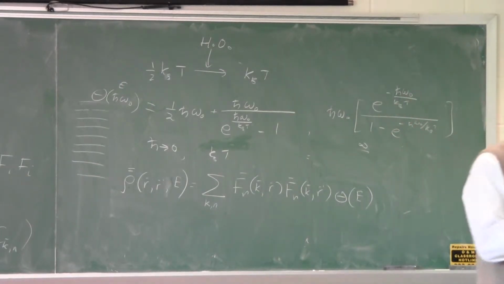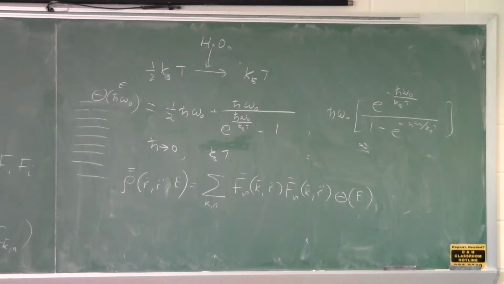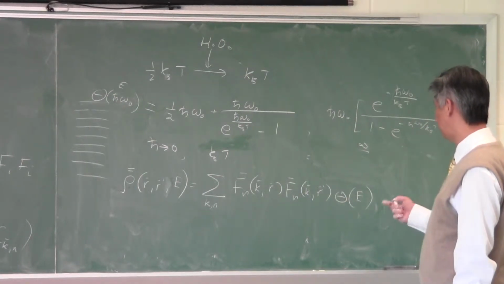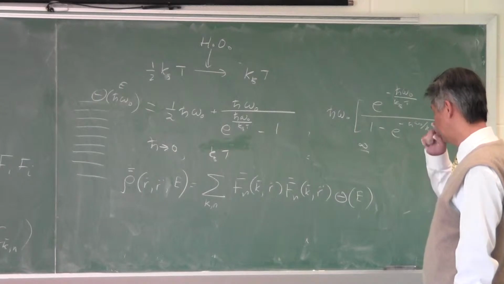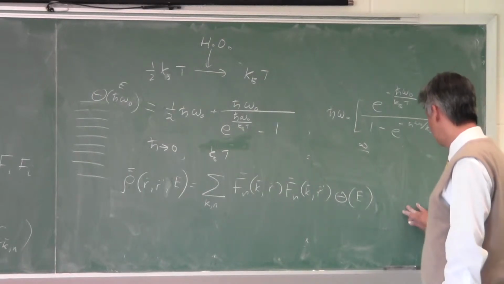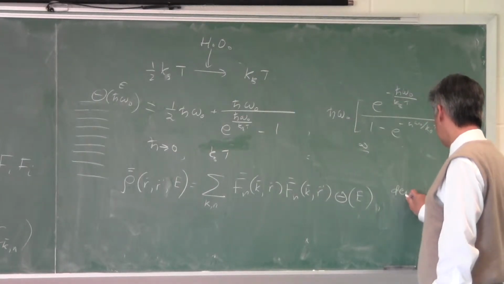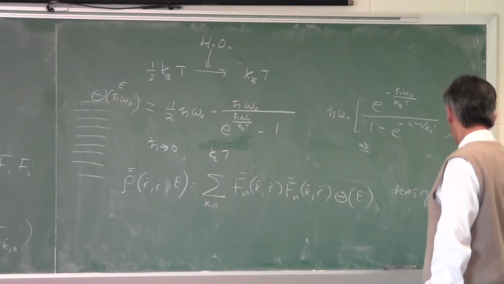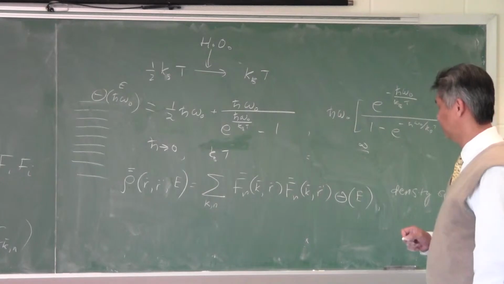This gives you the probability distribution of the energy that each state should have. Depending on where you are, you will have this distribution. And this is very much like what they call the density operator in quantum mechanics.